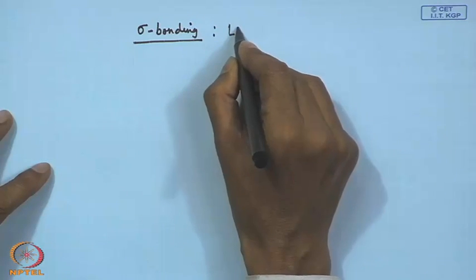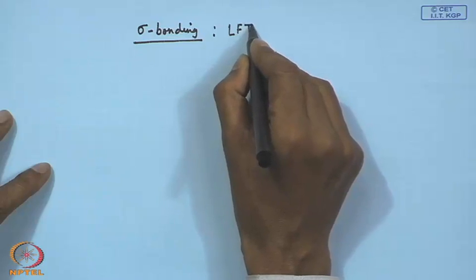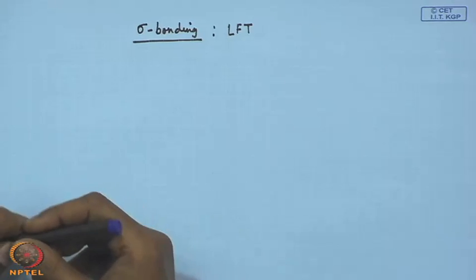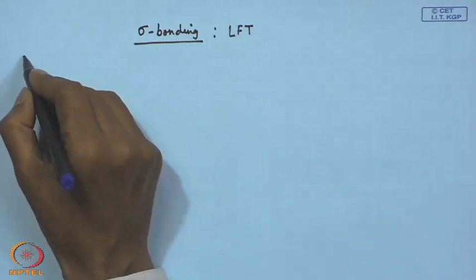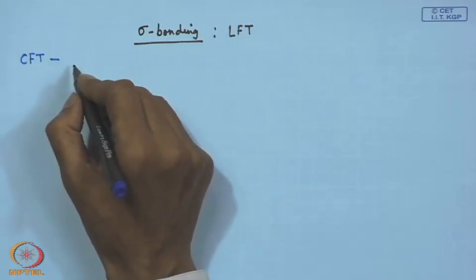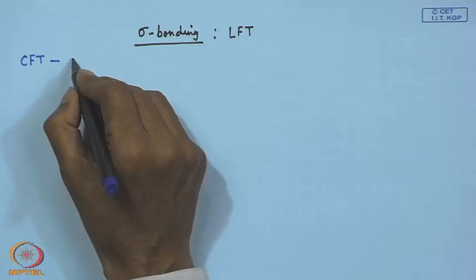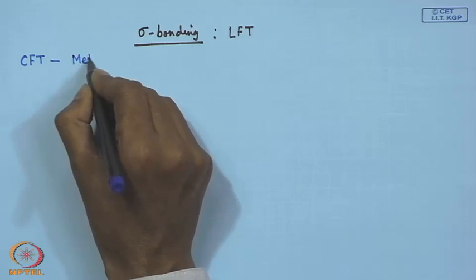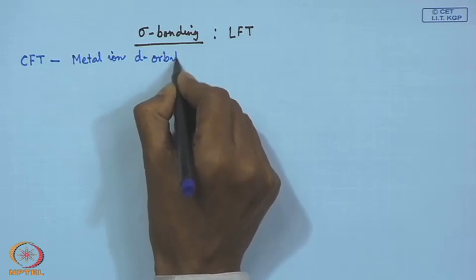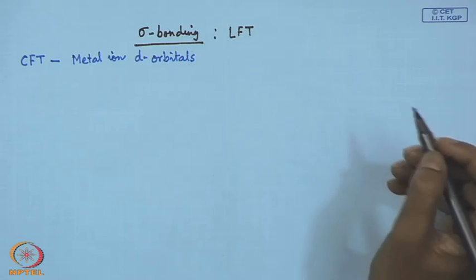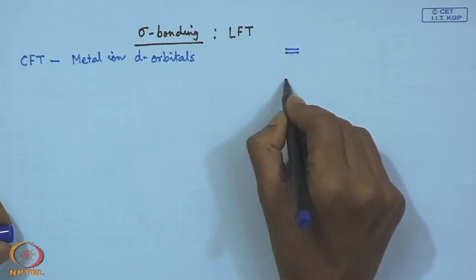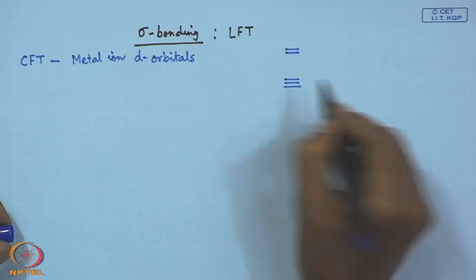Today we will start with sigma bonding in the corresponding theory. What we have started to discuss is the ligand field theory. The basic proposition we saw earlier in crystal field theory was the splitting and the interaction of the metal ion d orbitals, which are within the crystal field of the different ligands.